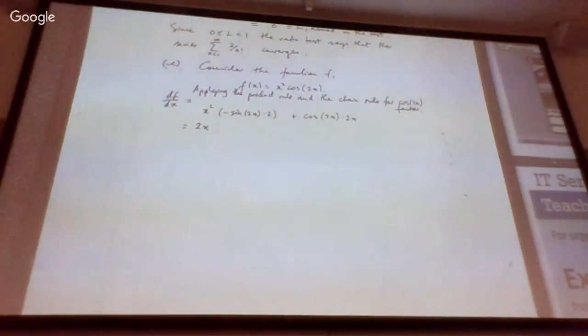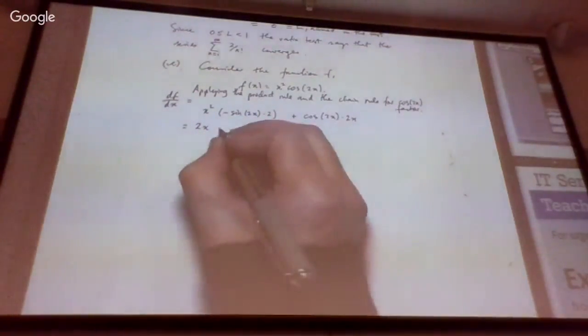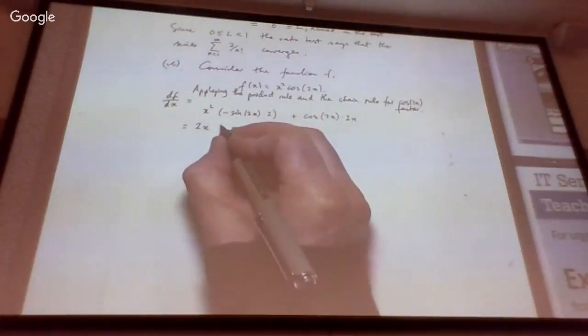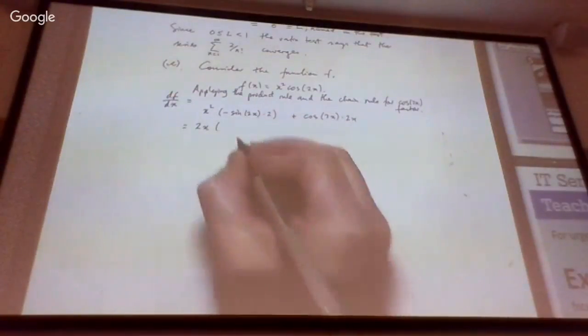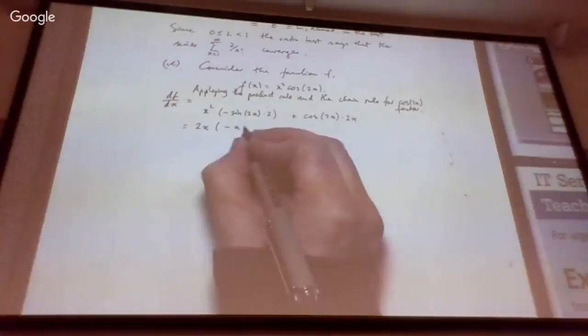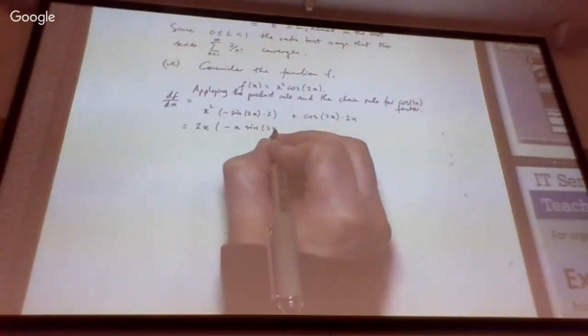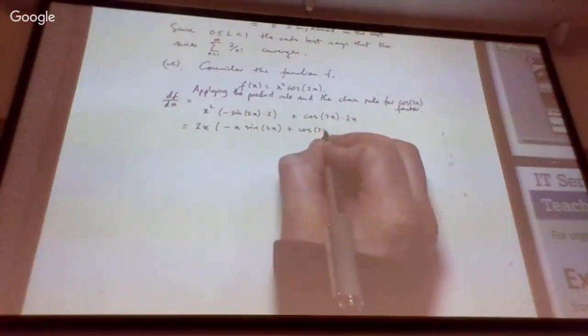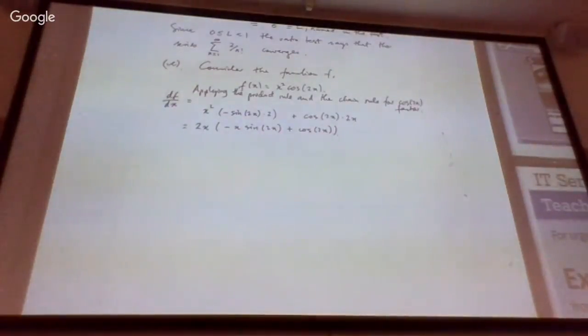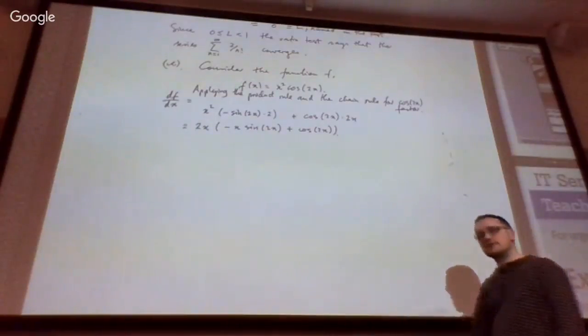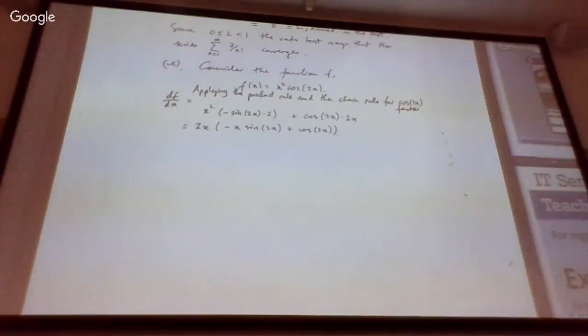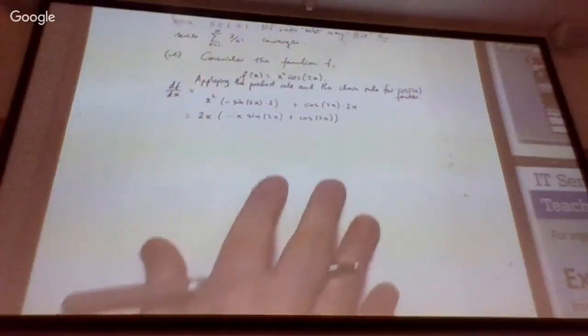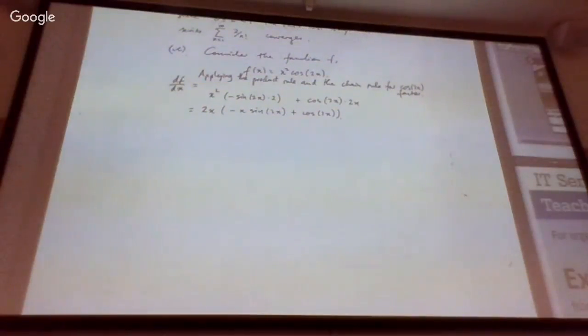So we can maybe factorize it, make it a little bit easier. 2 times x into minus x times the sine of 2x plus cosine of 2x. You don't necessarily have to factorize it like that, but that's my instinct when you see these things.